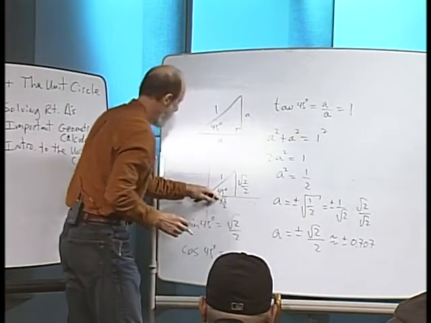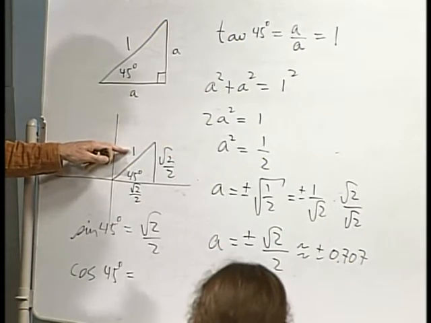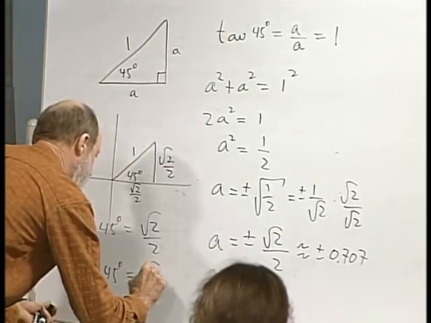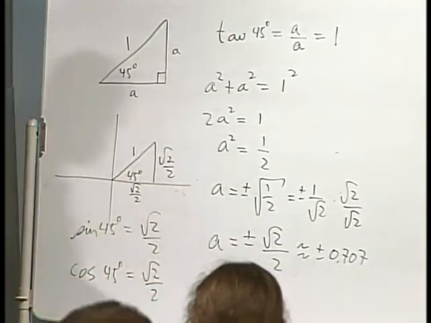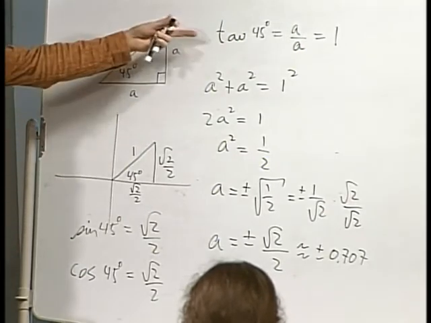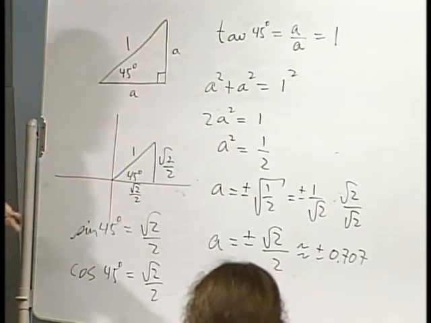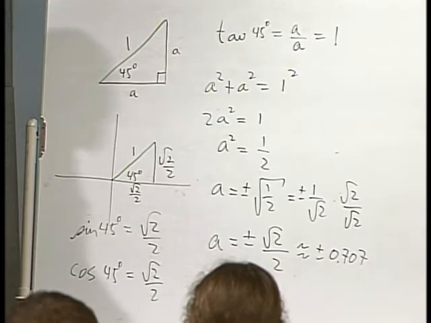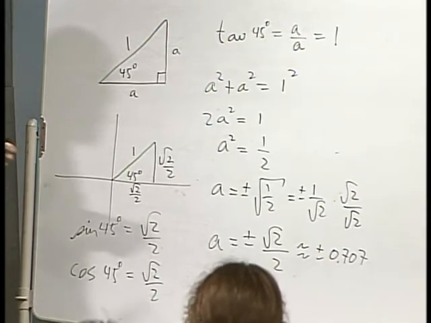Same thing, right? Adjacent side over hypotenuse, radical 2 over 2. So we have 3 trig ratios here for 45 degrees that we already know. Pretty handy. If you don't think it's handy, you will after you've done some homework.